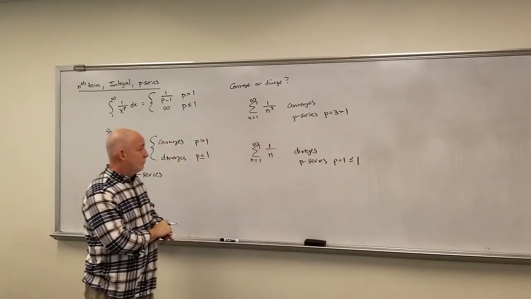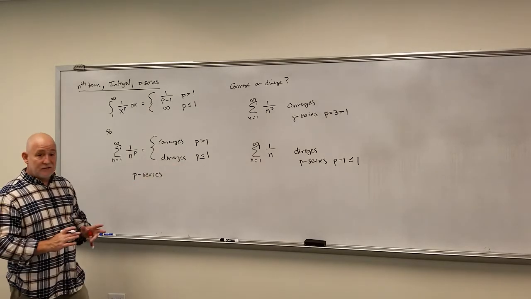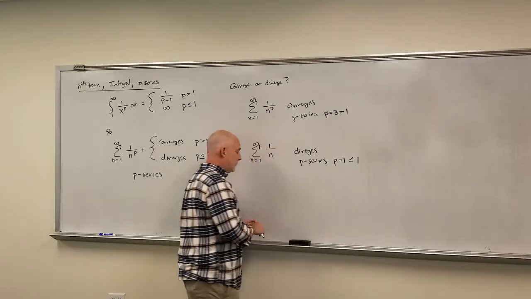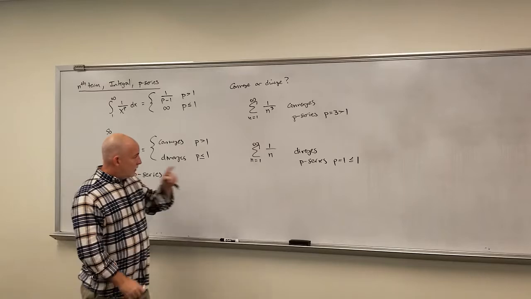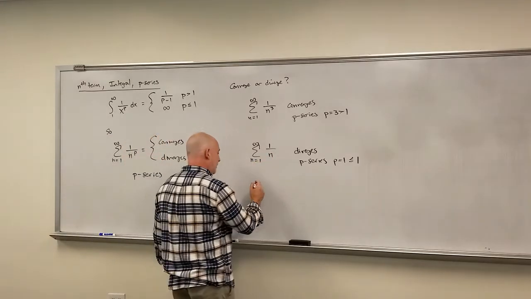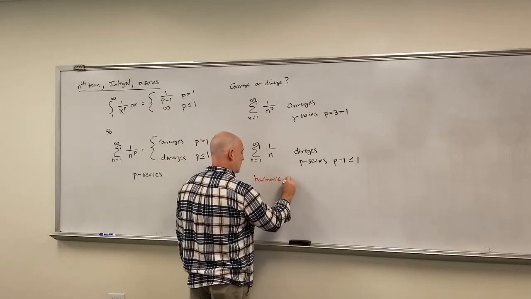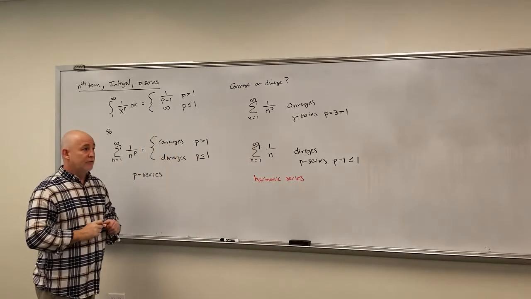There you go. Again, because it diverges, you just state the condition why it diverges. That's it. That's all the work you have to do. However, just because you're going to see them in the future, because they have some physical properties that we have to deal with, a p-series where our p is 1 is called a harmonic series. And we're going to see how that shows up a couple times in our future.